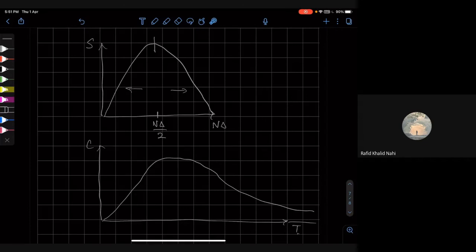And the explanation of this is in this diagram. What's happening is that as temperature is increased, we are in this region, right? So our entropy is increasing.